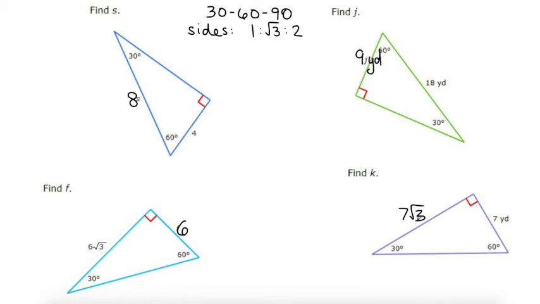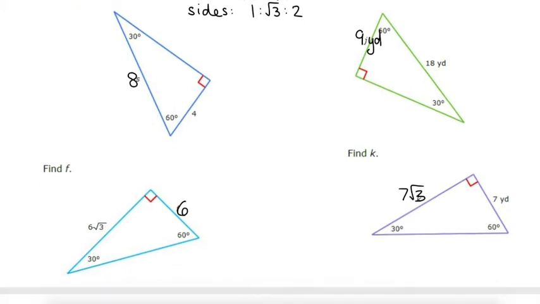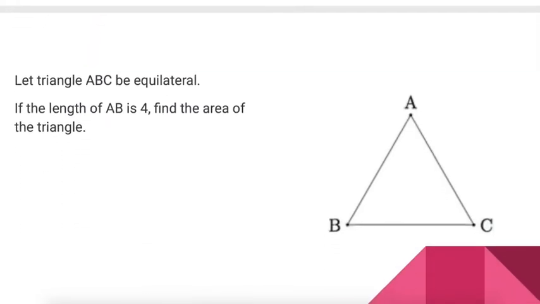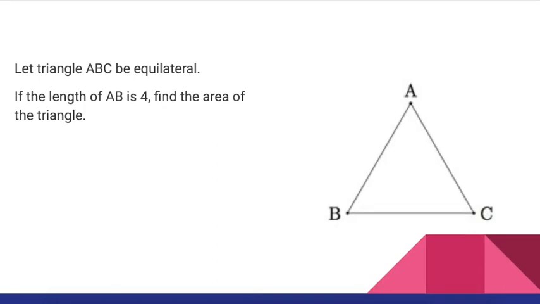So now let's apply these to some more interesting problems. Here we're given an equilateral triangle, ABC, and we're told that the length of AB is 4, and we want to find the area of the triangle. So first, how do we find the area of a triangle?